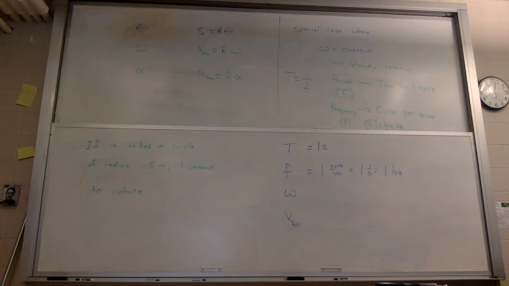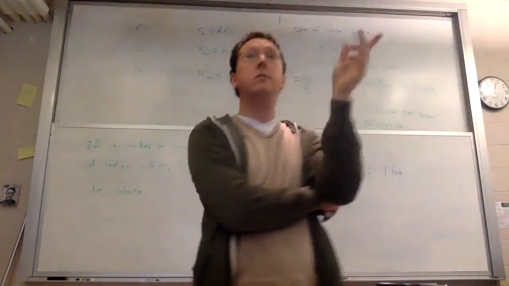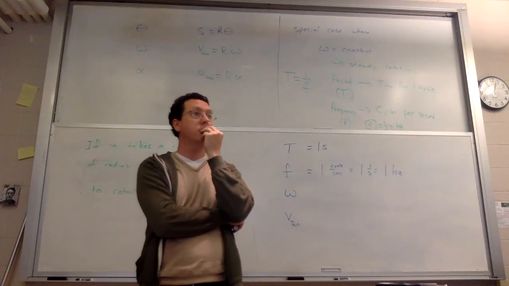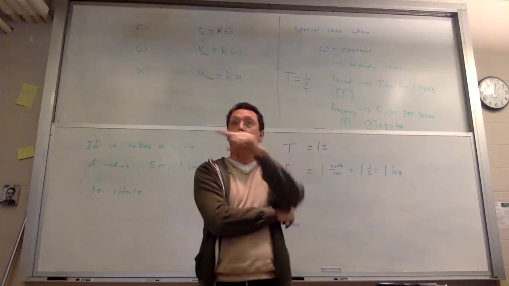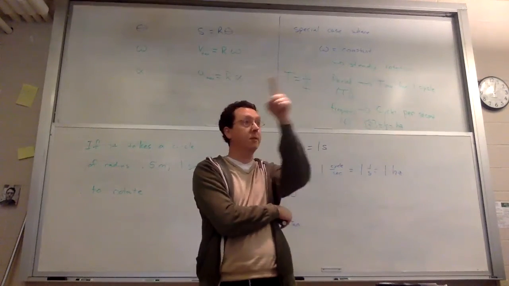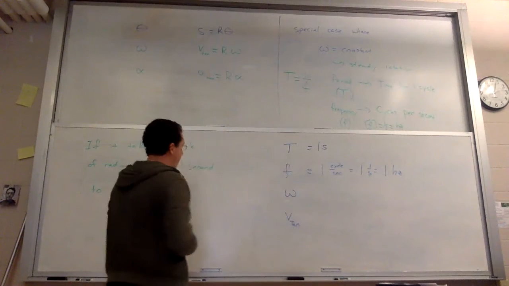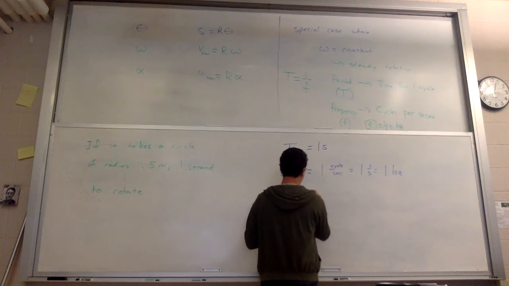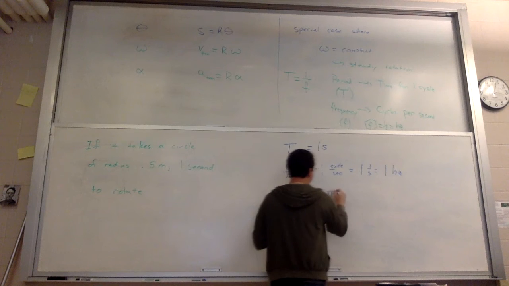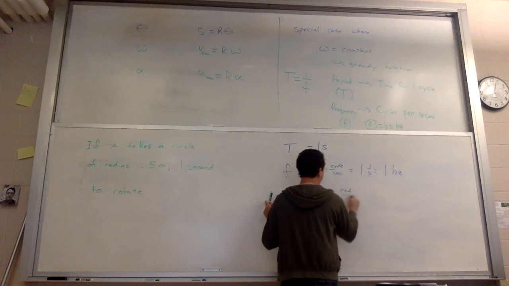How many radians do you get for a second? So 1 second, how far did it turn? 2 pi, right? Everything's radians. 2 pi, because in 1 second, it went all the way around. So this is going to be 2 pi radians per second.